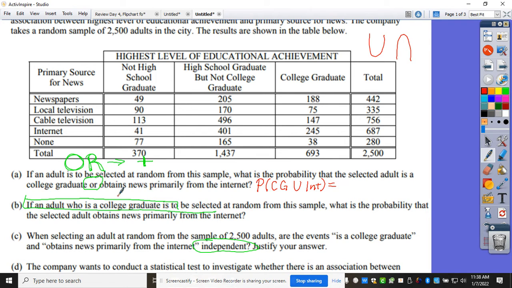Are they mutually exclusive? No. How do we know they're not mutually exclusive? Can I be both at the same time? Because they're not mutually exclusive, it's going to be add: probability of college graduate plus probability of internet. But because they're not mutually exclusive, I'm going to have to minus probability of college graduate and internet. I have to erase some of this just to do it better.